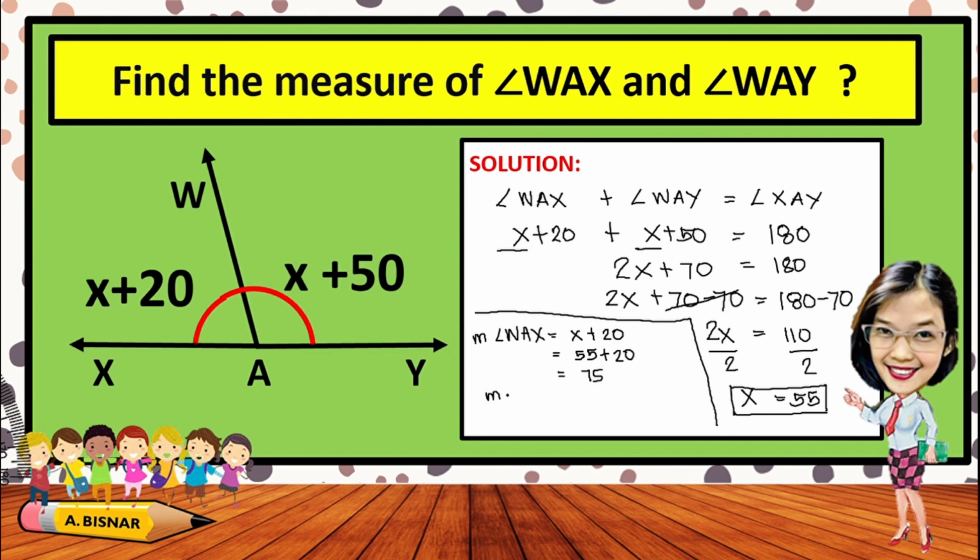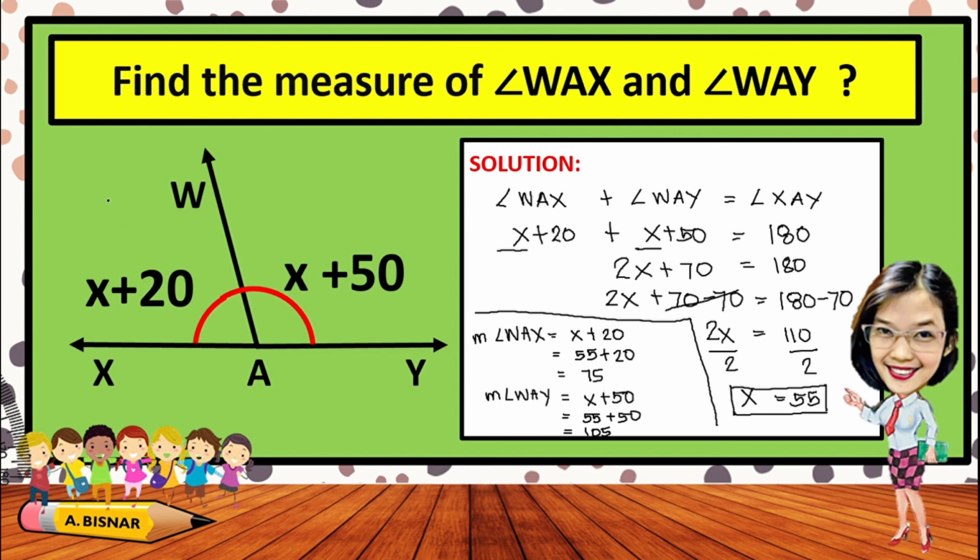How about the measure of angle WAY? You have your x plus 50. The value of x is 55, so 55 plus 50, the answer is 105.